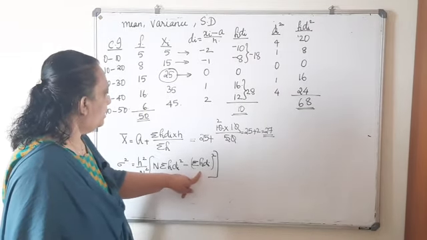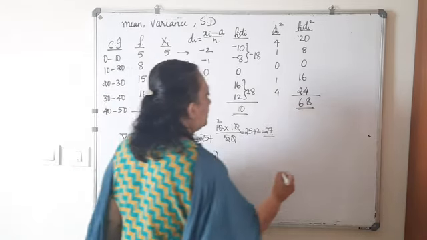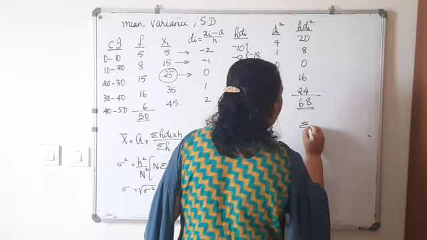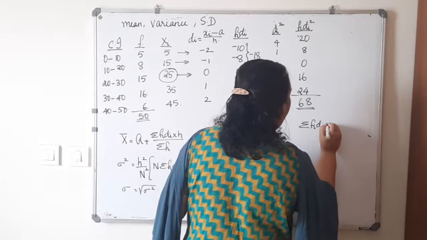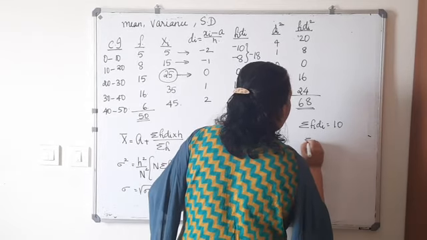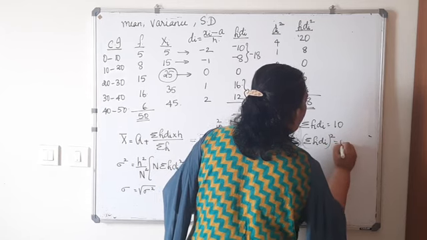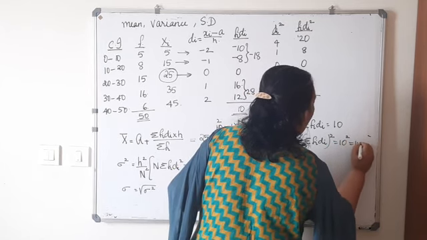Next you require sigma fi di the whole squared. So what is sigma fi di? You have already found out, it is equal to 10. So sigma fi di the whole squared is equal to 10 squared is equal to 100.